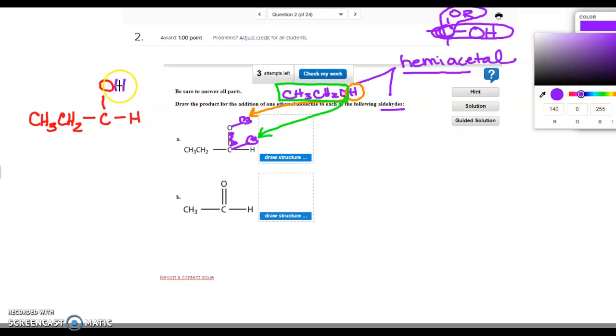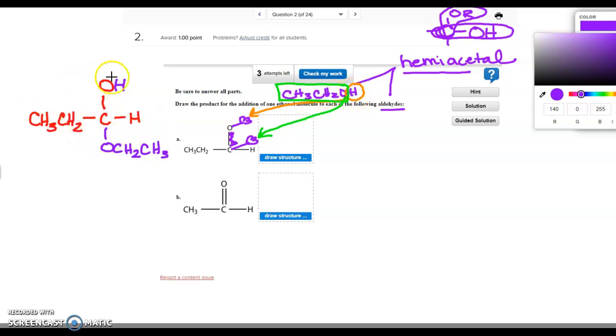The oxygen now has a hydrogen, so it's an alcohol. And the carbon now has this alkoxy group, this oxygen bonded to CH2CH3. And this purple here came from our ethanol. The alkoxy is part of the ethanol, and the hydrogen here was part of the ethanol. You can see how it's split apart here to be added.